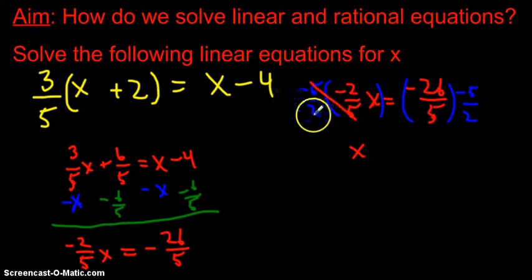These cancel out, and these cancel out. The 5's cancel out, and this will divide and give us, well, that was a negative here, so this will be 13. Alright, so we got the same answer.